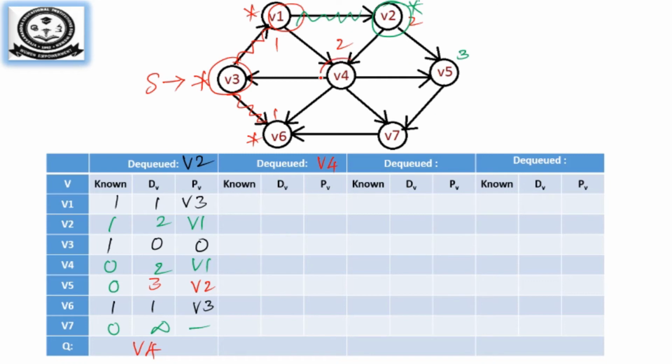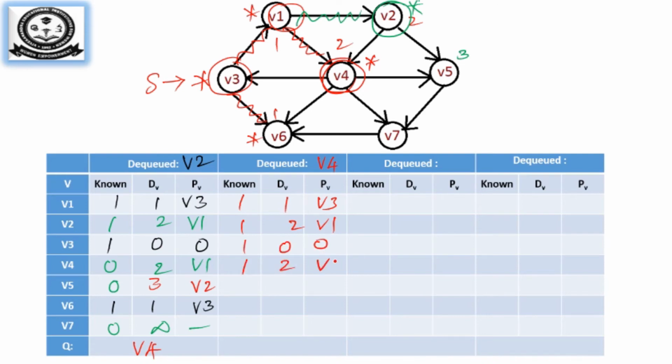So I am going to mark V4 as a star vertex. Who is the previous vertex? It is V1 is the previous vertex. So this is the previous vertex we are choosing. Now from V4 you can see I can go everywhere. So let me have the same table first. So I will have V3, 1, 2, V1. Okay, 1, 0, 0. Now V4 is made 1.